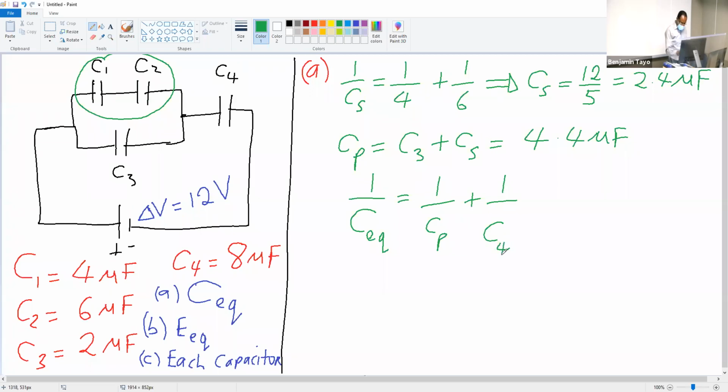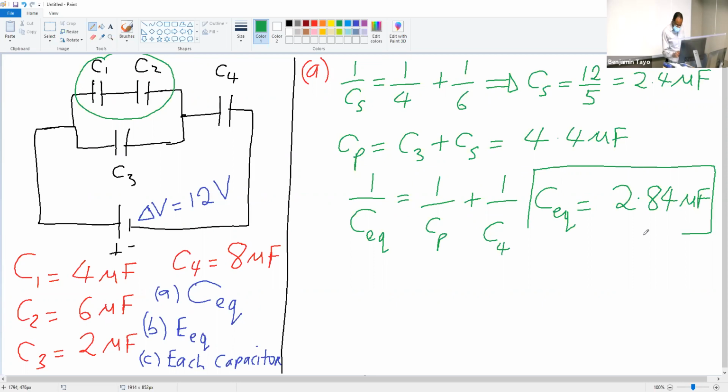Again, solving this equation, you're going to get your C equivalent to be equal to 2.84. Can you guys double check this? That's what I got. Okay. 2.84 microfarads.